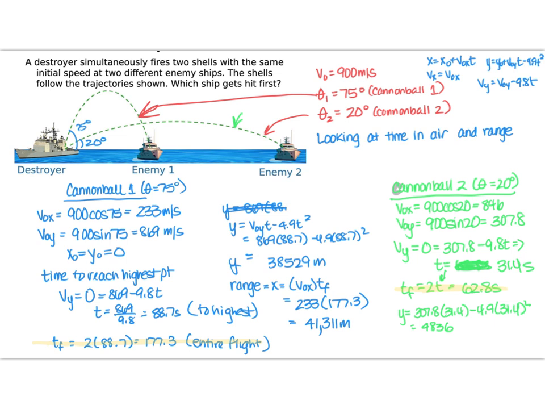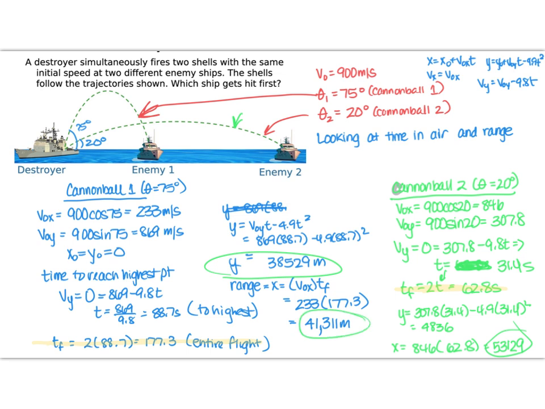It's much, much less than the value I got for Cannonball number 1. And then what is the range? I would use the 62.8 times the higher velocity, and the v naught x is 846 times 62.8, and the total distance that this one goes is 53,129. So again, this one is much bigger than this one.